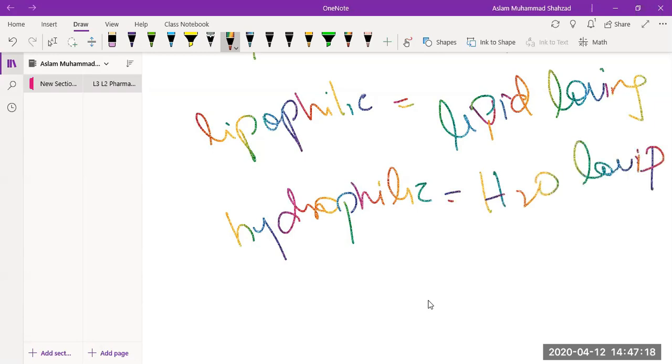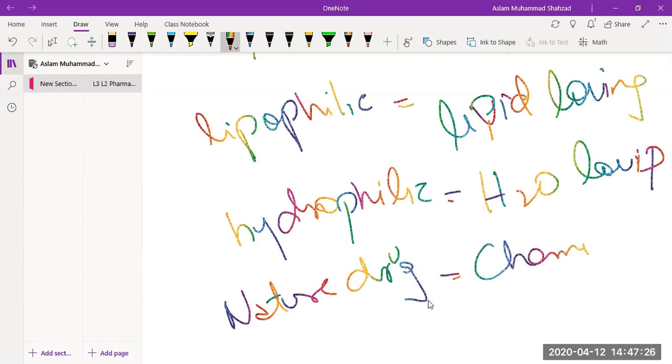Again, the nature of the drug depends upon its chemical or structural unit.